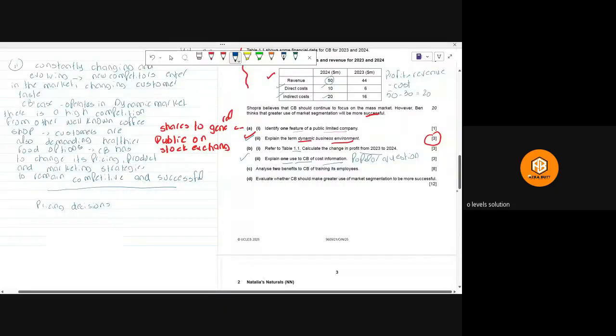So by knowing the direct and indirect cost, CB can calculate how much it costs to produce and sell its coffee and food products.